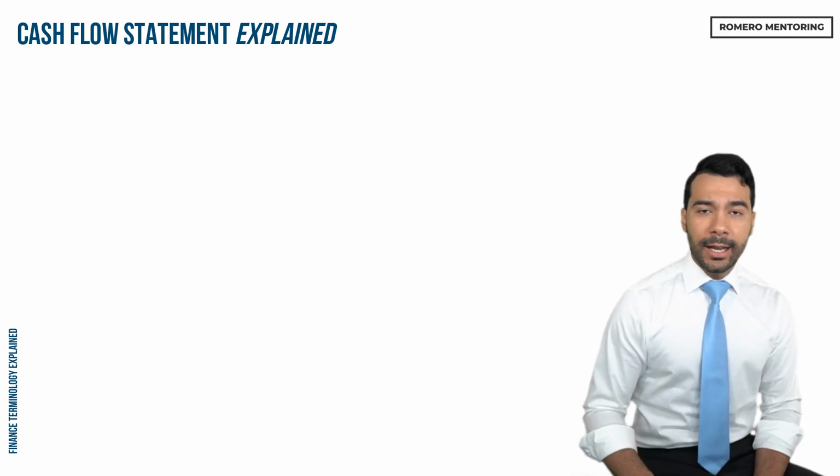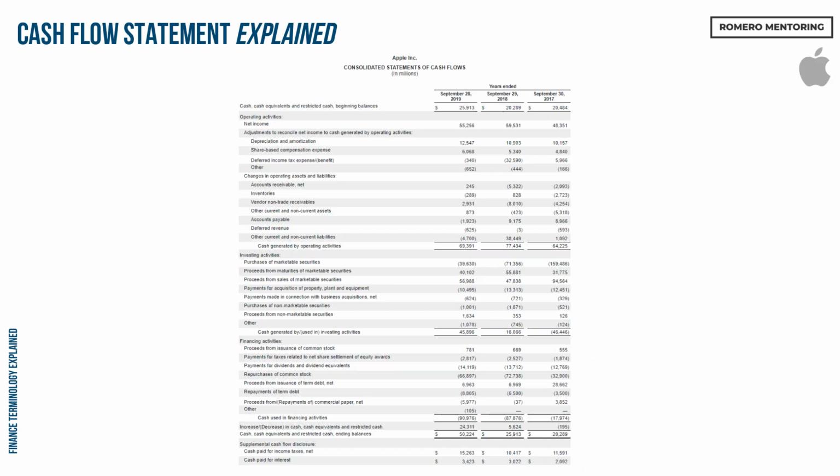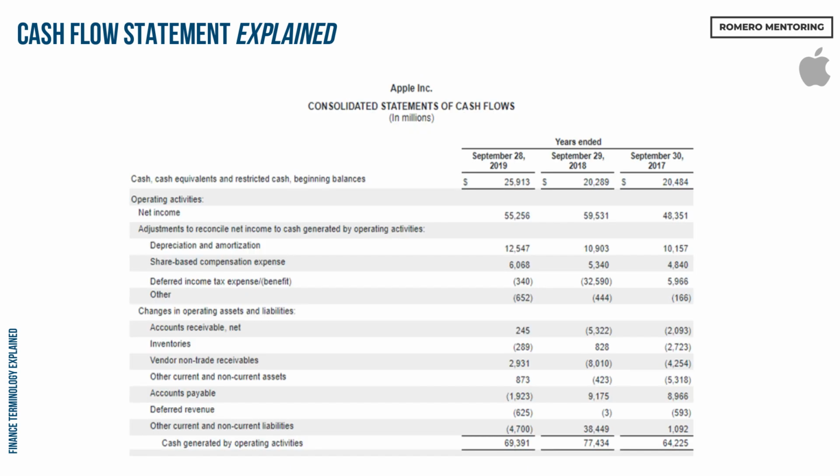Now, with that being said, let's look at an example. Let's look at Apple's cash flow. Now, when looking at Apple's cash flow, the first section, cash flow from operating activities, you'll see that they generated in 2019 $69.3 billion. Upon a closer examination, you'll see the first line item is your net income, which generated $55.2 billion.